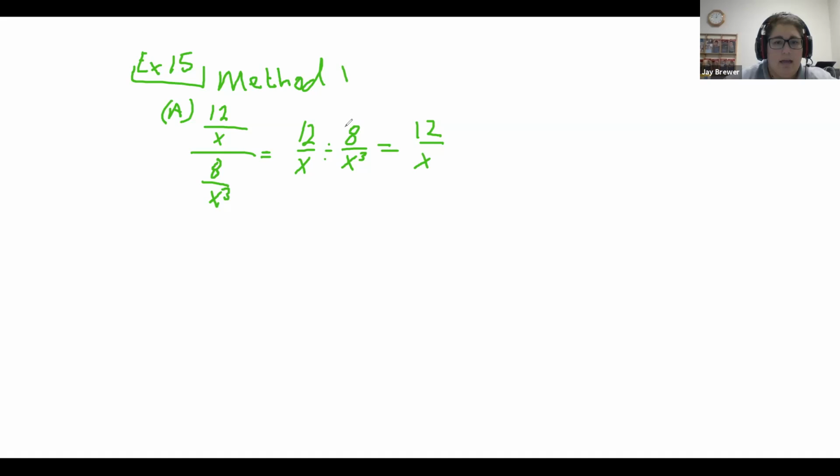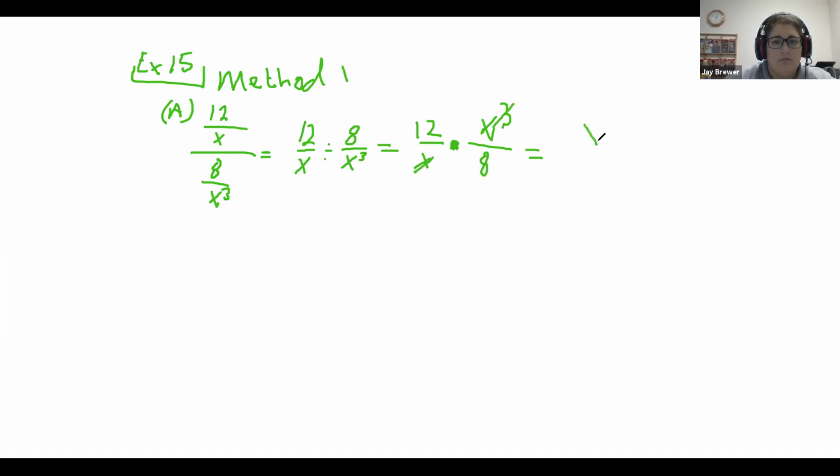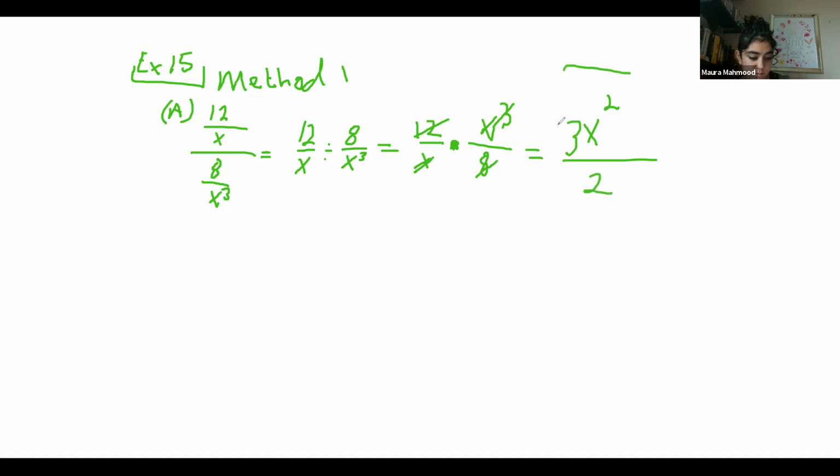So if we have 8 over x cubed, what is the reciprocal of 8 over x cubed? X cubed over 8. There it is. And then now we can go through and cross out and simplify. So the 3 is going to become a 2. So x squared. 8 and 12 become what? Three and 2. Perfect. Okay.